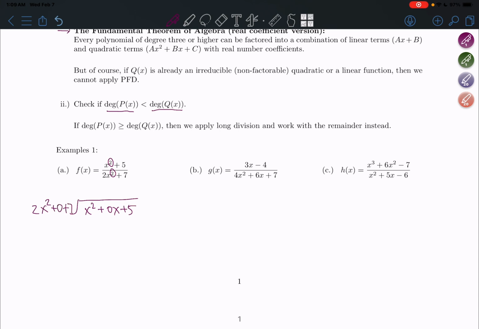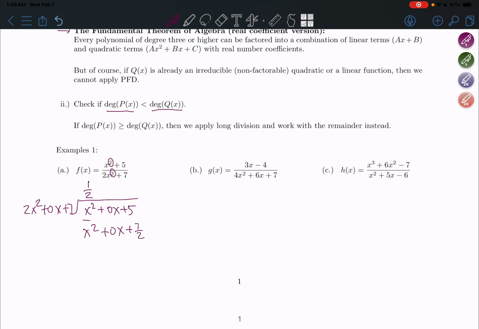Okay, so the idea here is, you want to match the first term with each other. I see a 2x squared in the divisor, so I need to multiply by 1/2. So distribute the 1/2. 1/2 times 2x squared is just x squared. 1/2 times 0x is 0x. And then of course 1/2 times 7 is 7 over 2.